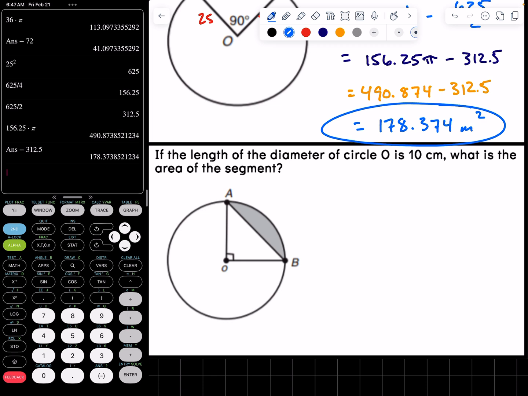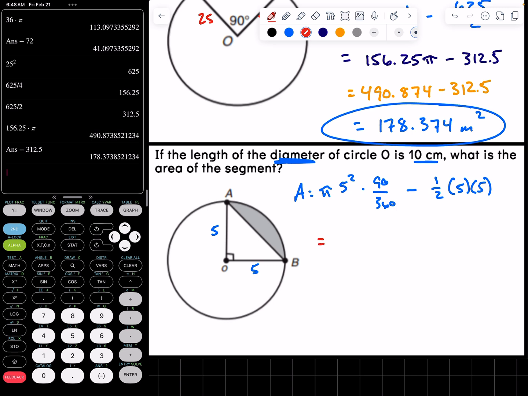This last one, our diameter is 10, which makes our radius 5. Be careful when you're paying attention to these things. So we've got area equals pi 5 squared times 90 over 360 minus 1/2 times 5 times 5.